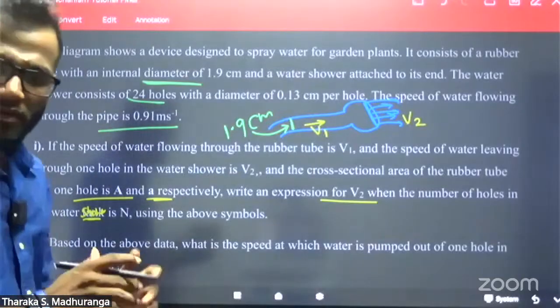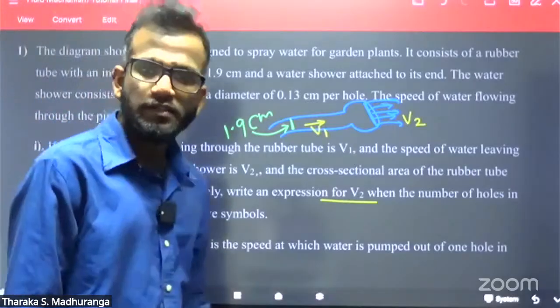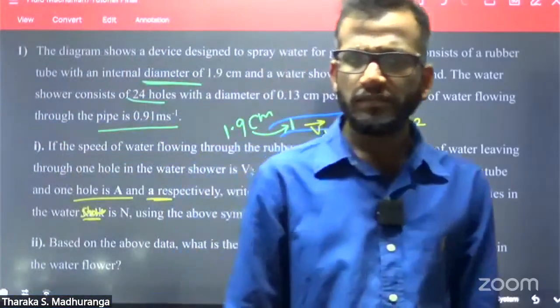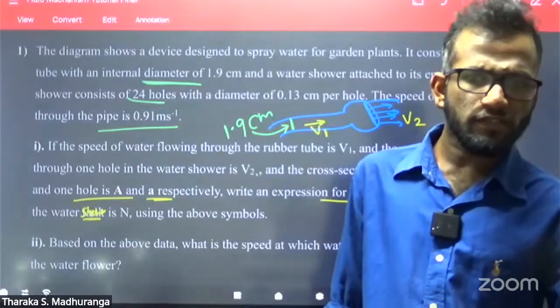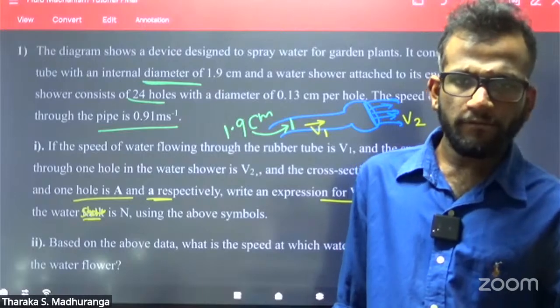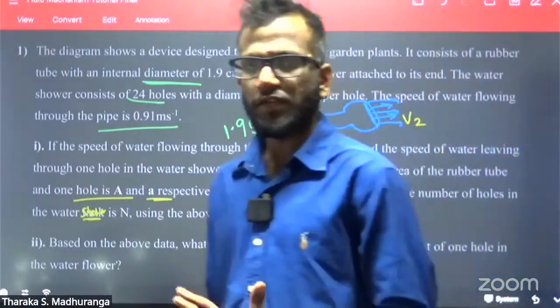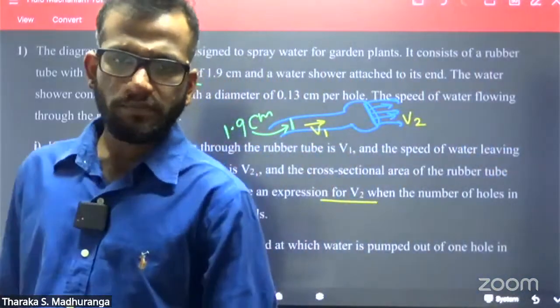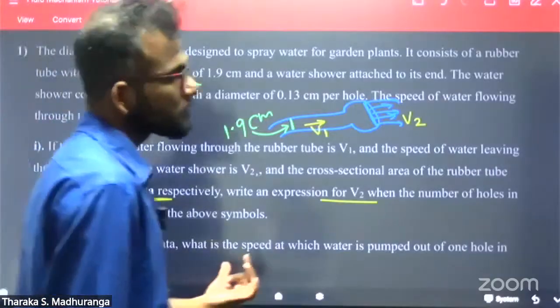What is the common equation? What is this equation we need? What is the name of the equation we need for this question, from the fluid mechanics lesson?